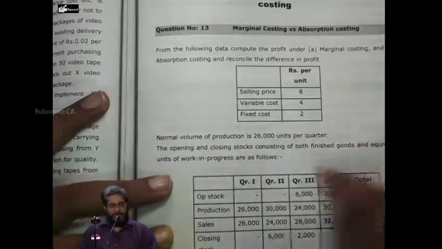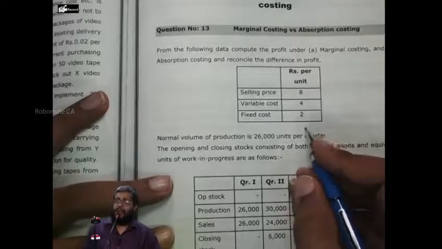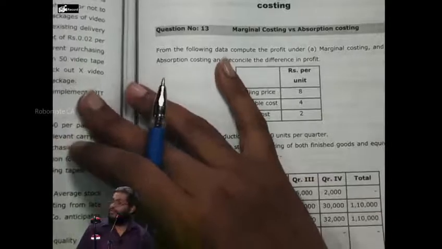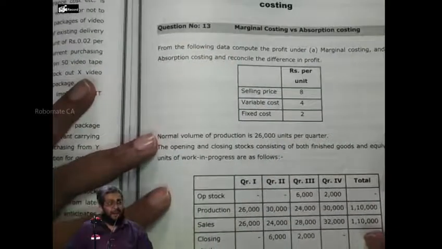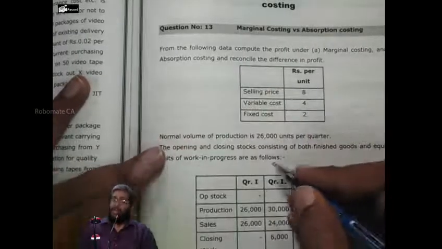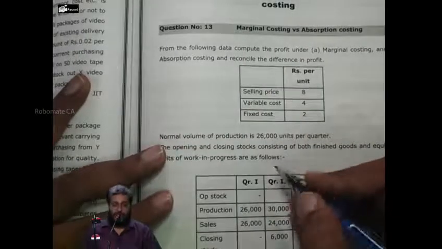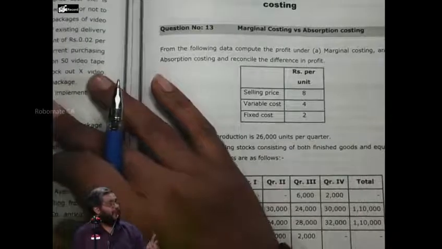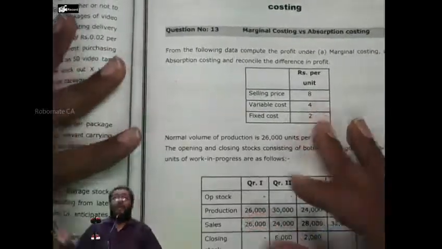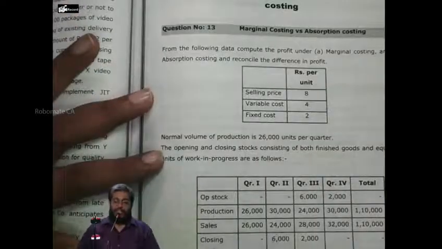BFO divided by 26,000 units gives you 2 rupees. My BFO is 52,000, the budgeted fixed manufacturing cost. Hence I divided by the normal capacity of 26,000 units, and I'm charging 2 per unit for every unit produced as a predetermined rate.